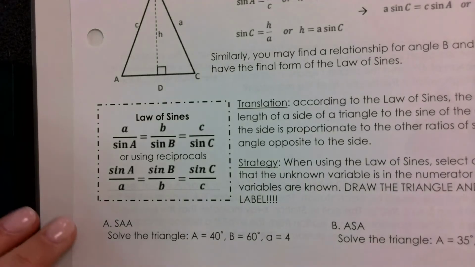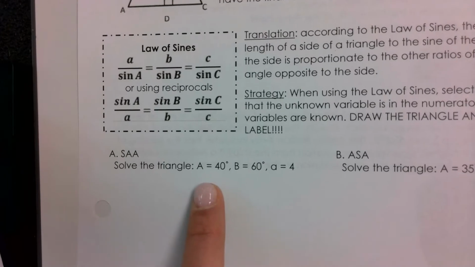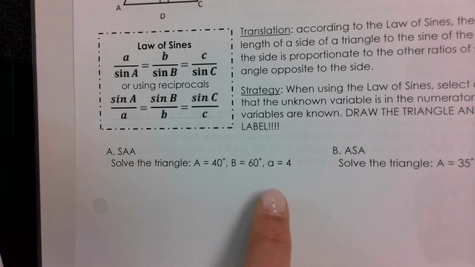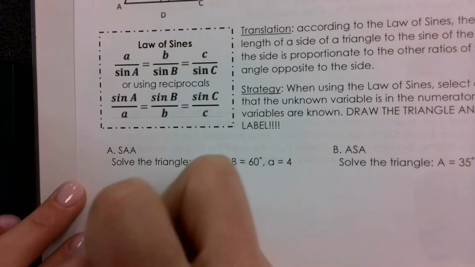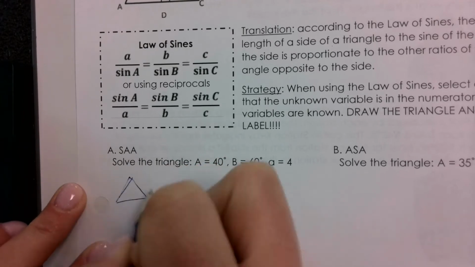Okay. So for the first one, you're given a triangle. It tells you that angle A is 40, angle B is 60, and side A is 4. So basically, as long as you have one side and one angle pair, then you can use law of sines to solve for everything else. So I'm going to go ahead and draw our triangle because I think it's really hard to tell what they're talking about if you can't see it.